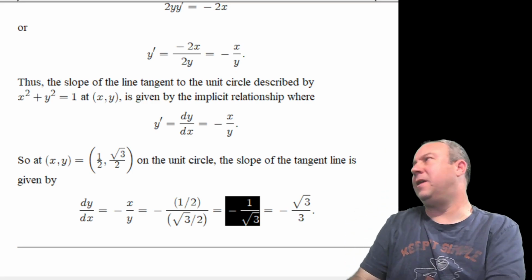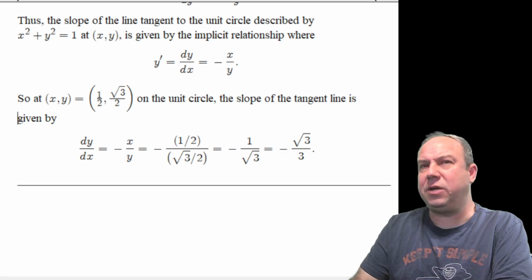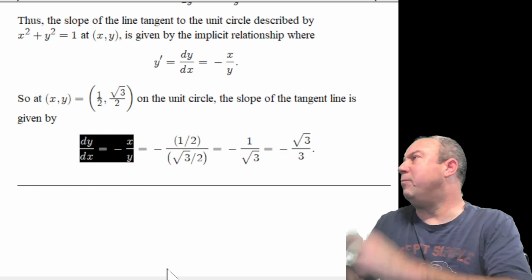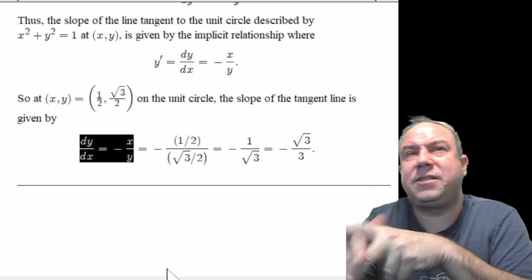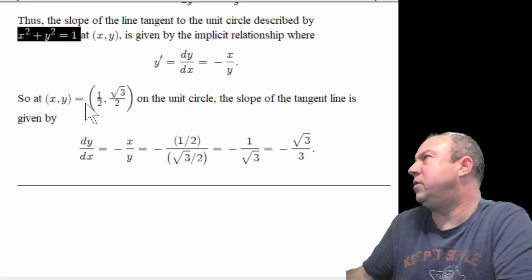All right, in our interpretation. But what we did find is we did find dy dx to be this implicit relationship between x and y, and we found it through the process of applying implicit differentiation on this unit circle equation.